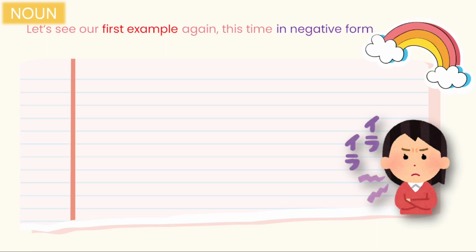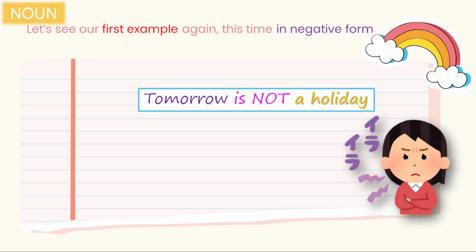And our first example that we took, again this time in its negative form. I'm taking the same example so that it becomes super clear to you. So the statement was, tomorrow is not a holiday. Actually, it was tomorrow is a holiday, but since we're trying to make it into the negative form, now it is tomorrow is not a holiday.